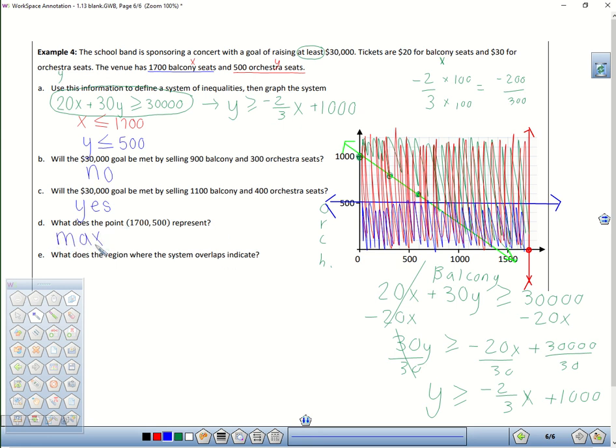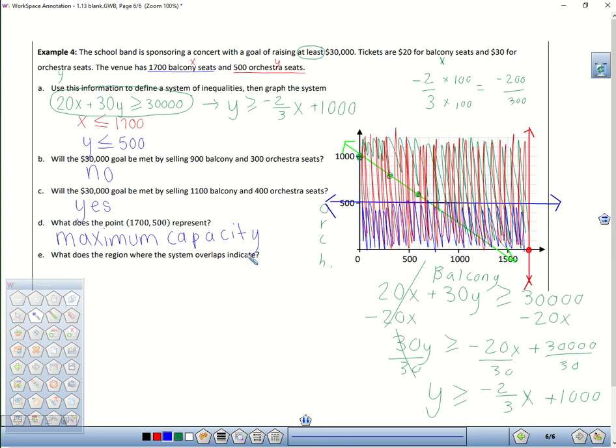Good job. So what that means is that's your best case scenario, right? You max out all of your seats, and that's going to make you the most money while you haven't gone over the amount. So that's basically the best case scenario, if D happens.